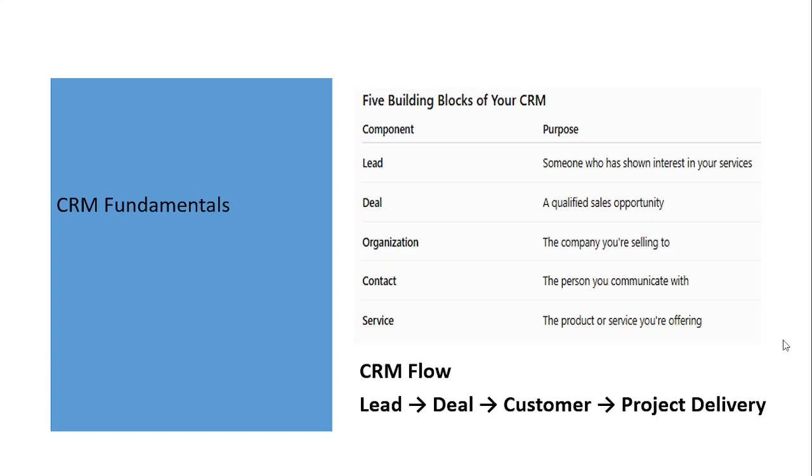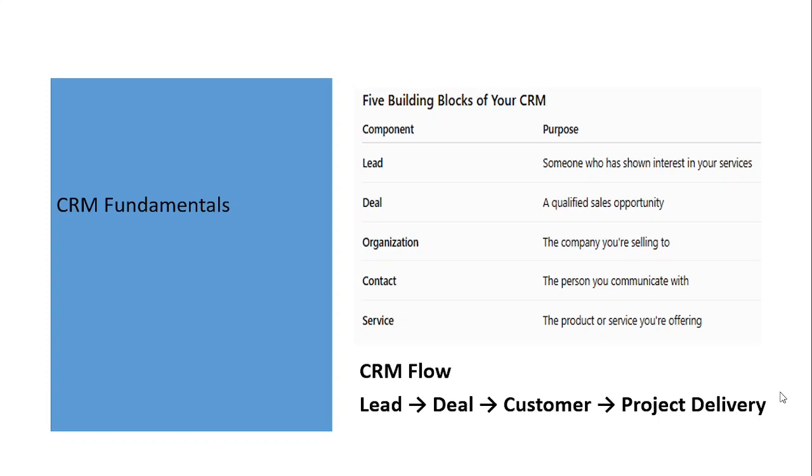Every deal is connected to an organization or an account, which is the company you're working with. For example, ABC Manufacturing Limited. Within that organization, you will communicate with one or more contacts, such as the operations manager or the IT director. These are people you'll call, email, or meet.